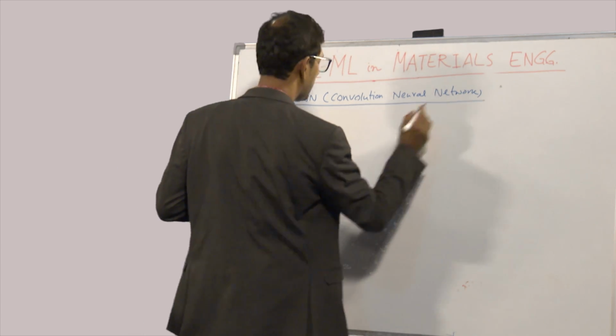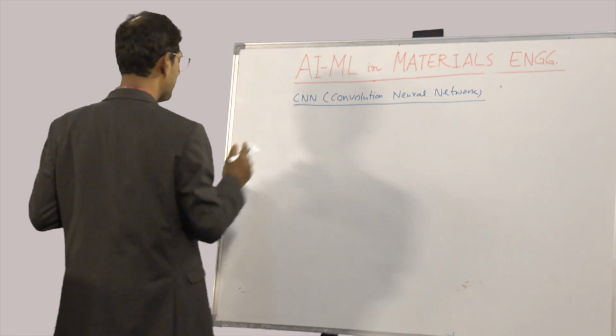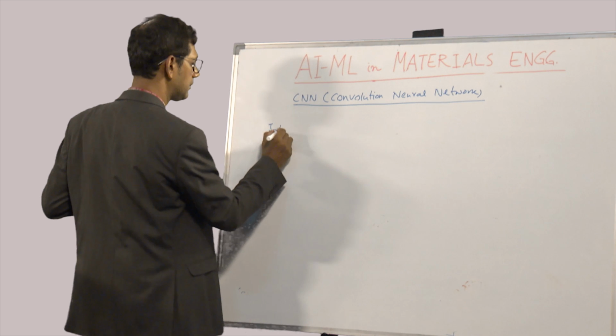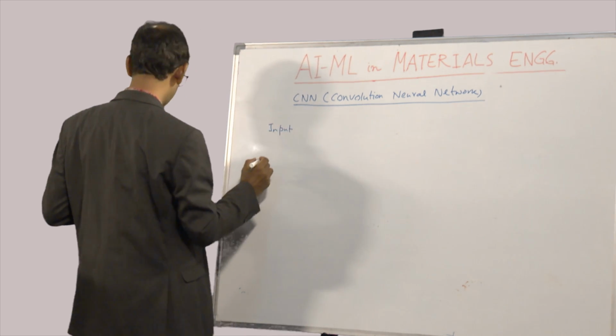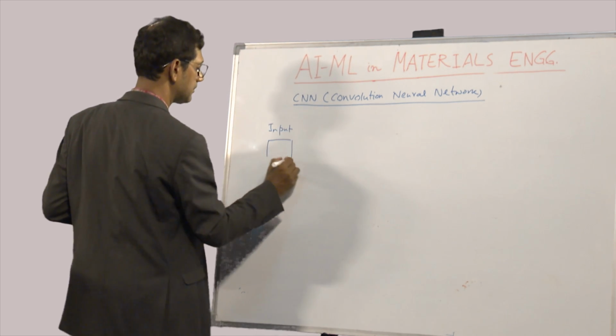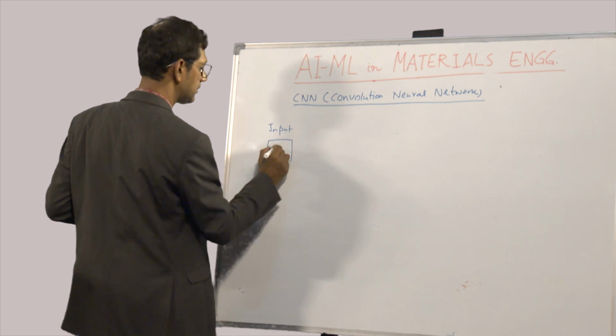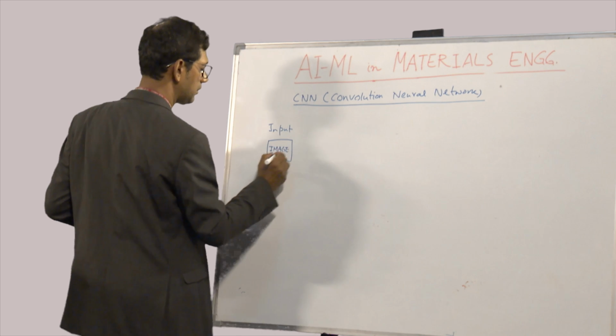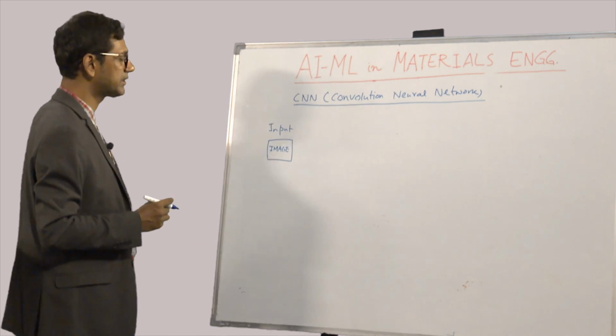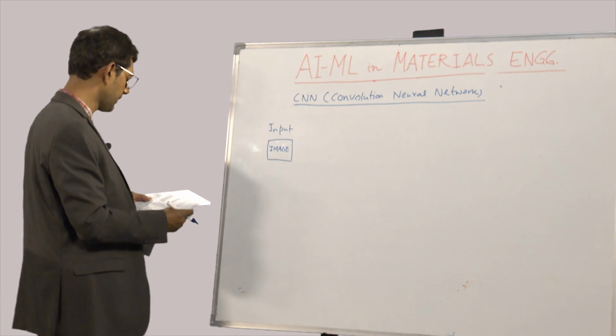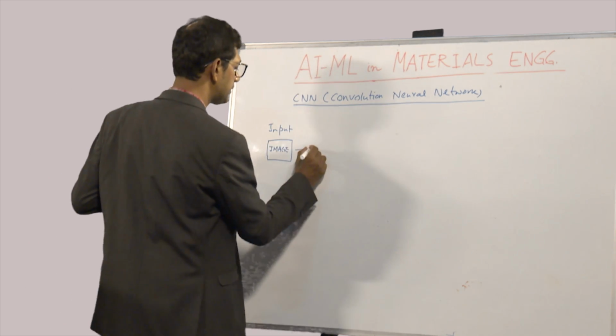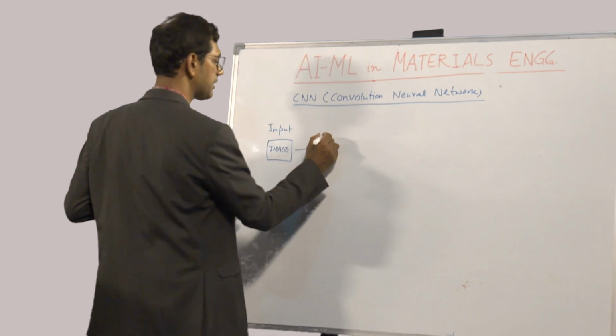If you do not know, we will explain it also. So, what we have is the input. Input is nothing but an image, right. The image is what is used as input. The image can be a microstructure, the image can be a macrostructure. Then this image is basically processed.